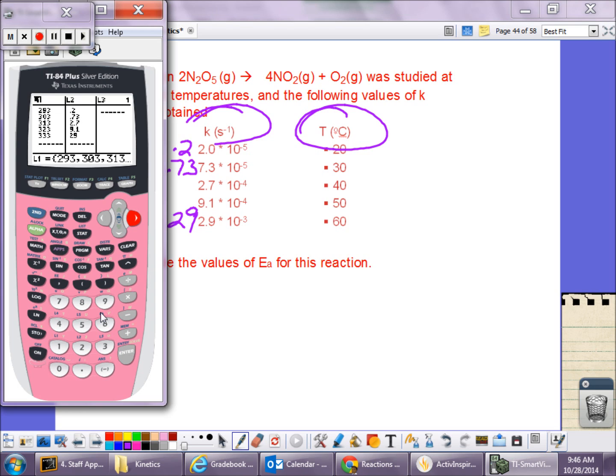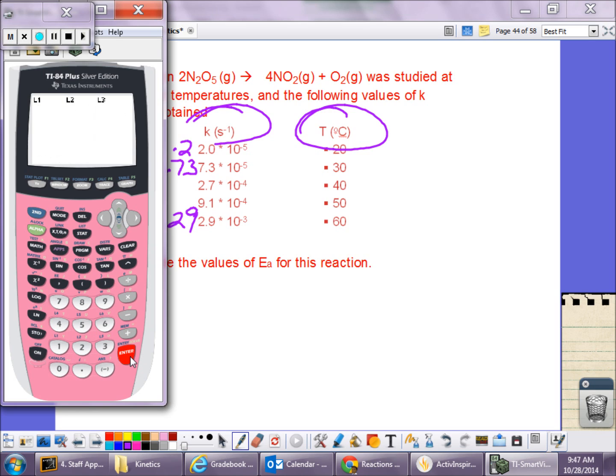All the way up. We are telling the calculator to do second L2, second EE, second exponent, -4.